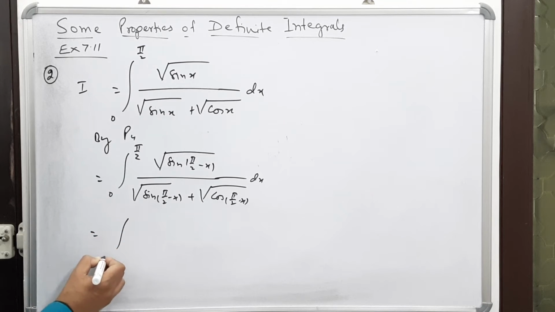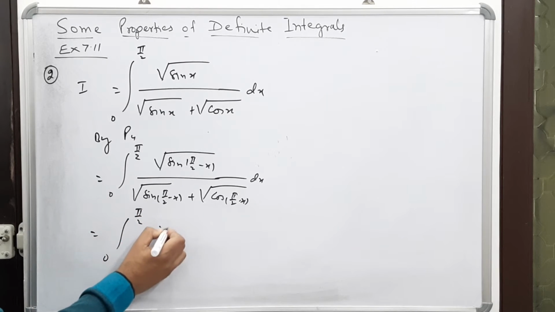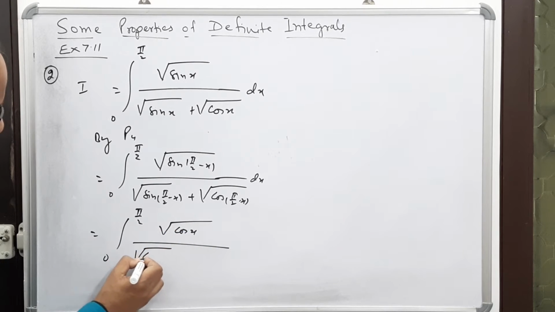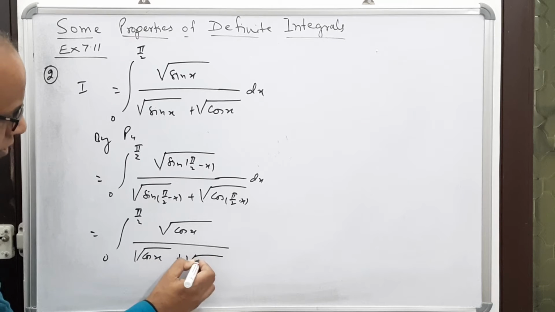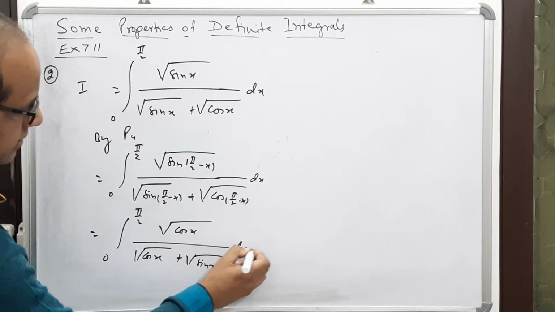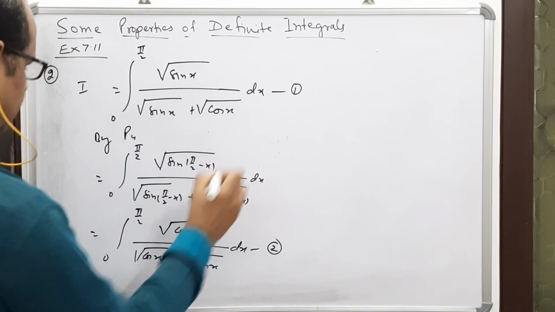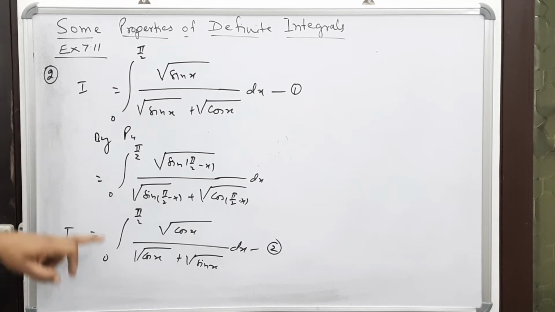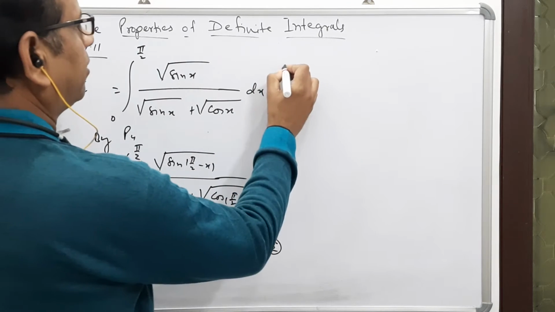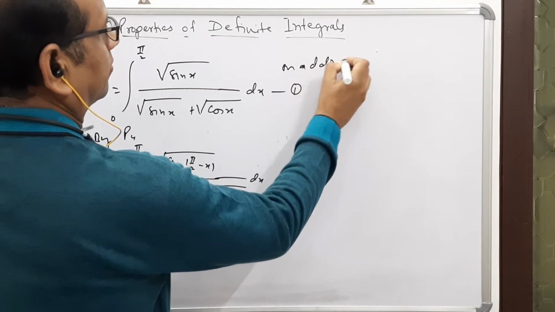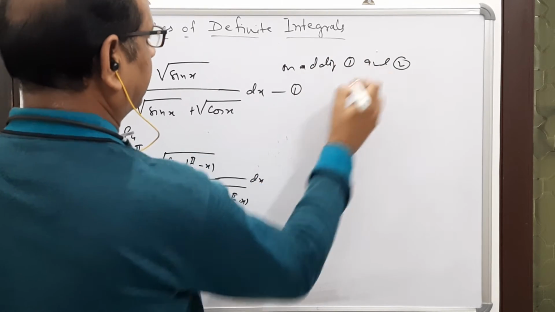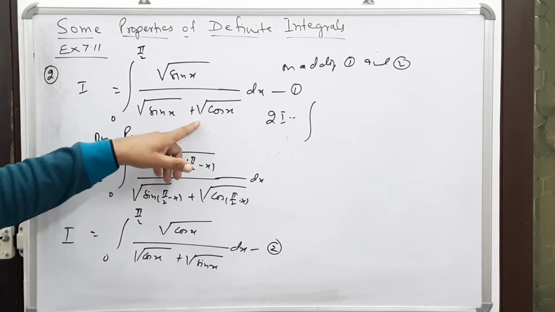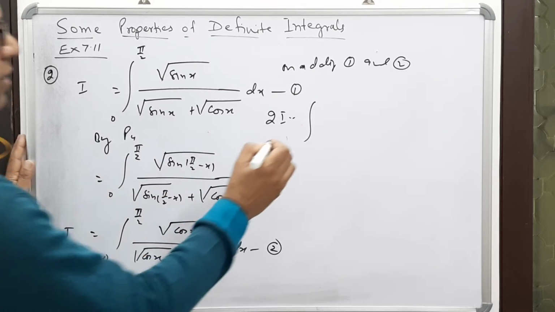So by applying this property we reach this: root cos x upon root cos x plus root sin x dx. I am taking this as the first and this as the second, and both are I. So on adding first and second, it is 2I equals, see, the denominator is the same, so the numerators will be added.